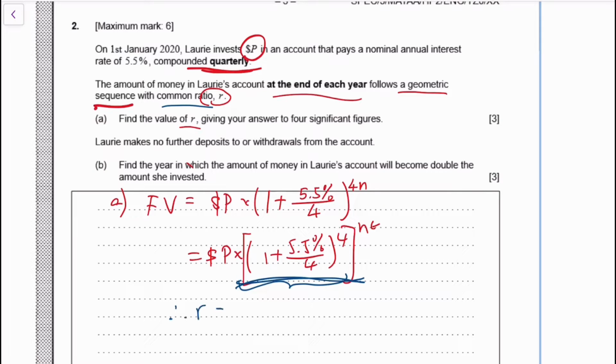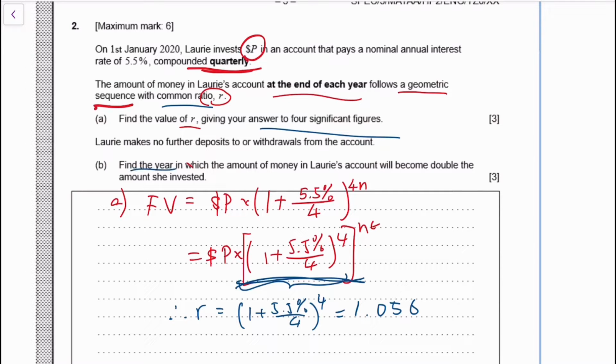Therefore R is that thing. I believe I need a value for 3 significant figures. So it's 5.5% divided by 4 plus 1, to the power 4. I got 1.056 to 4 significant figures.